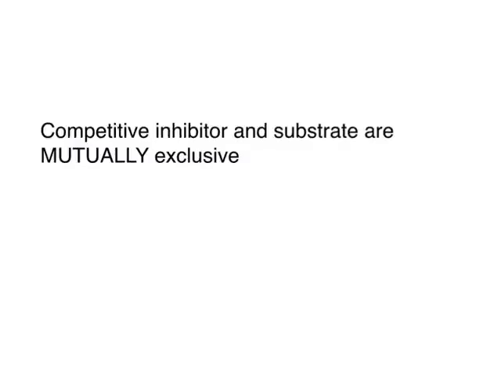So let me spell this out again to make it absolutely clear. With a competitive inhibitor, it is very important to recognize that the competitive inhibitor and the substrate are mutually exclusive. So if the inhibitor has bound, the substrate can't bind, and if the substrate has bound, the inhibitor cannot bind.